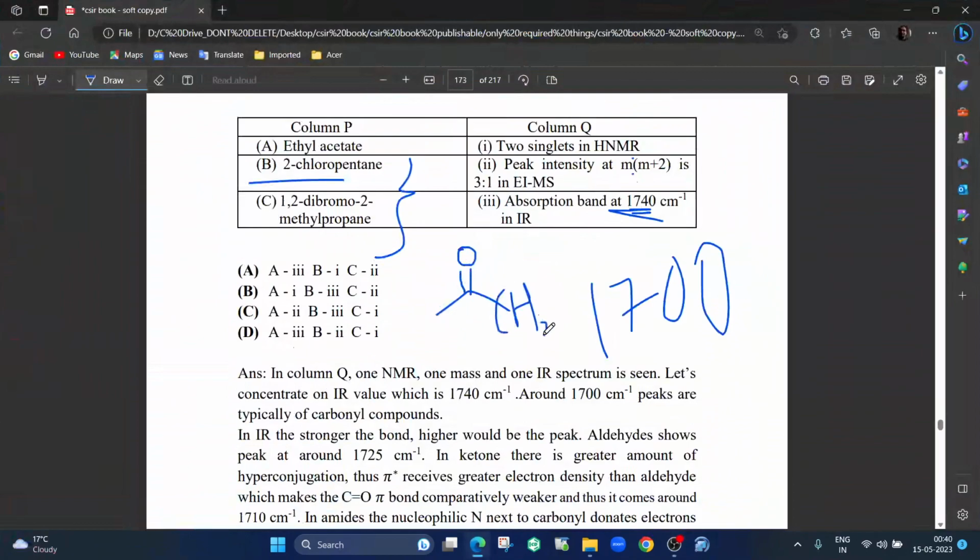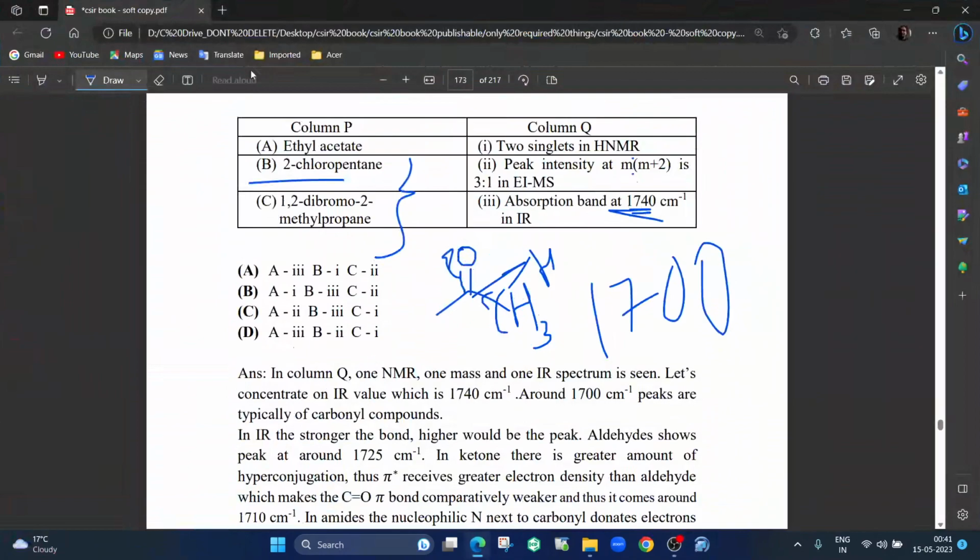Now CH3 pumps electrons through hyperconjugation, this CH bond will overlap with the pi star. So when it overlaps with pi star, this bond becomes weaker because it pumps electrons. So aldehyde comes around 1725 and ketone comes around 1710.